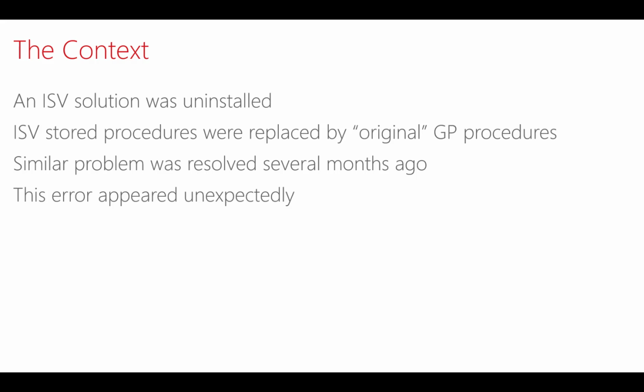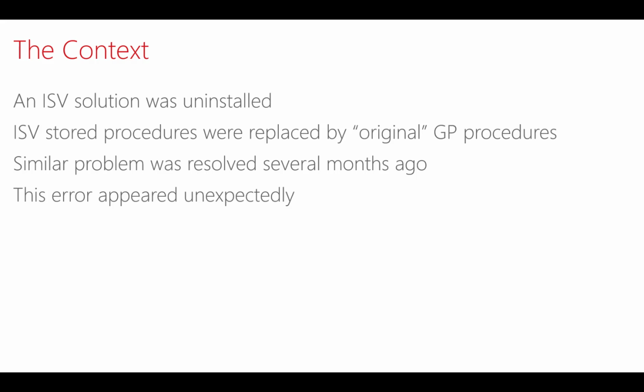There's also some very important context that needs to be considered when these errors occur. Fortunately, the partner shared that an ISV solution was uninstalled at this customer, and that process involved replacing the modified ISV posting stored procedures with the original GP stored procedures, based on scripts provided by the ISV.